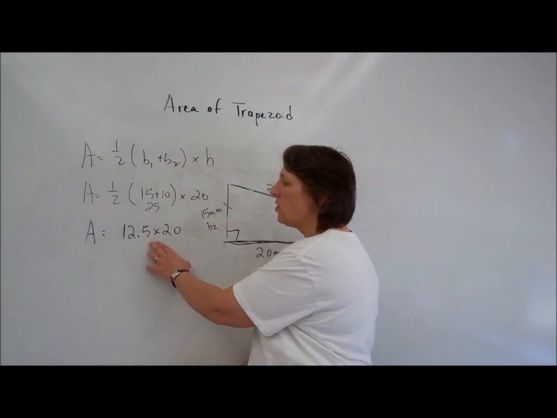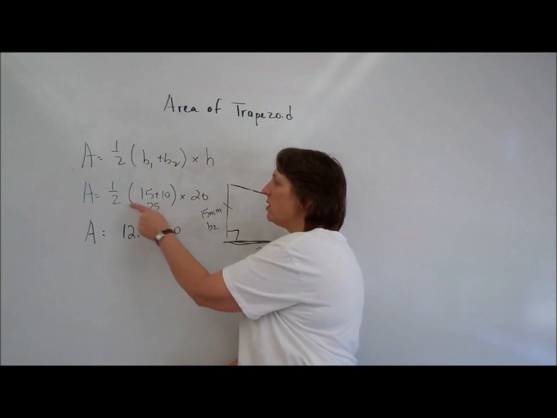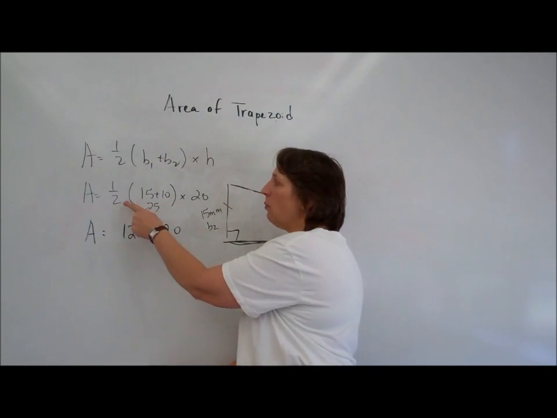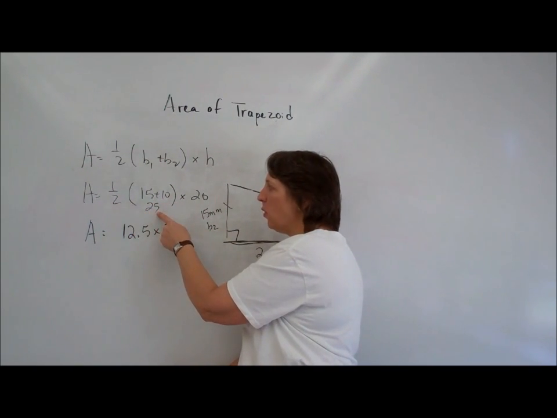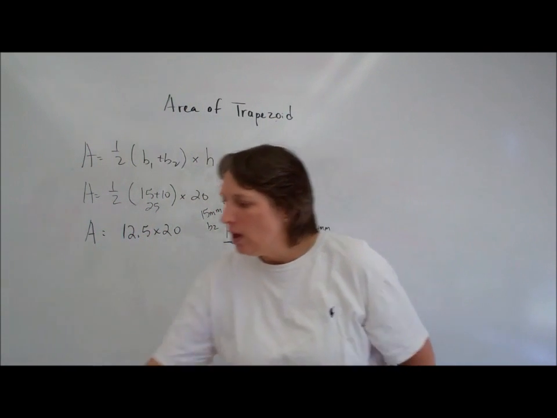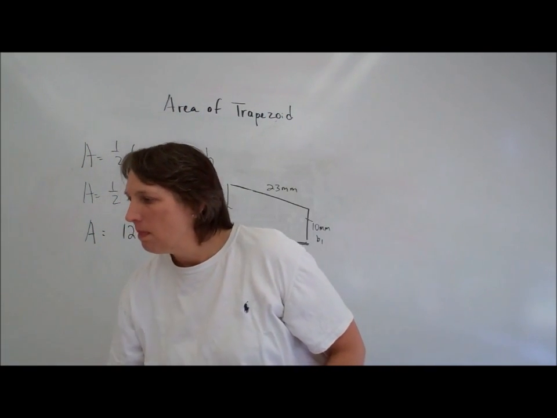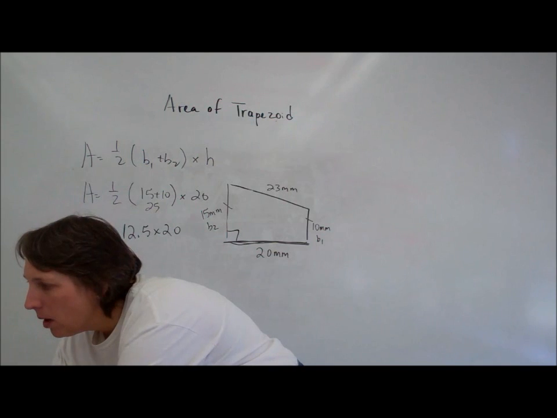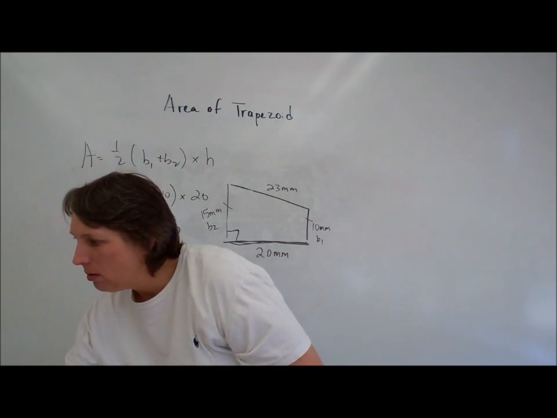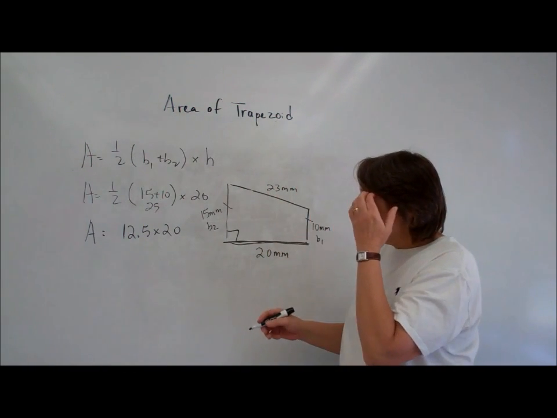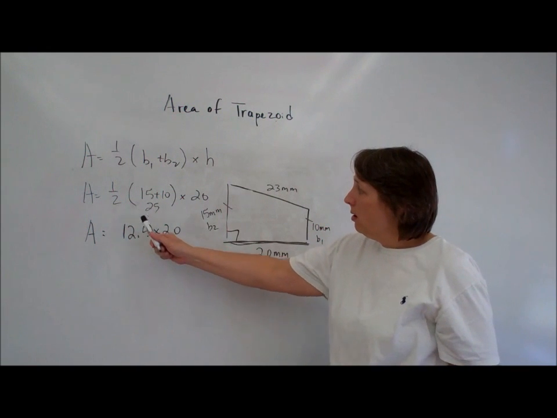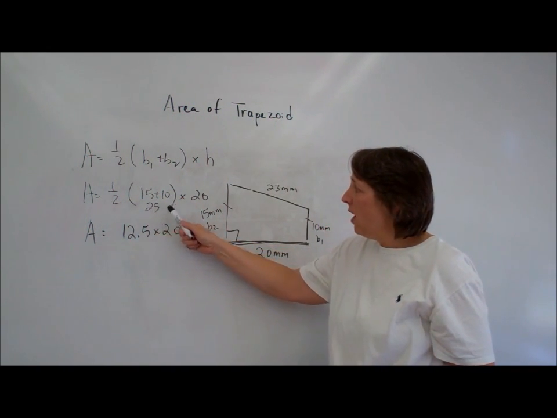Now you don't need to show this step. You can put this on your calculator. You can go 0.5 times 25 times 20. And let me get mine. Okay, so I have 1/2 times 25 times 20.